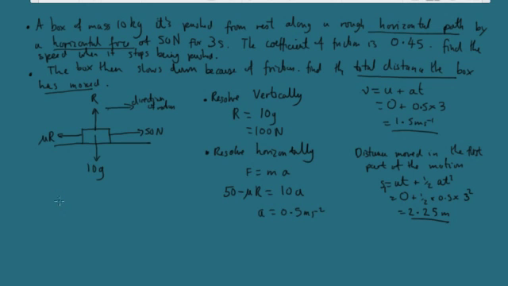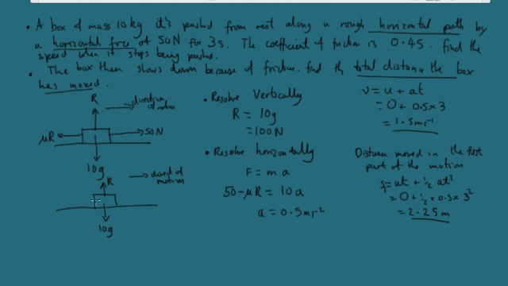Now let's draw a second force diagram for the second part of the motion. So still on our horizontal, we've still got our box here with the mass, the weight coming down here, 10g, and our normal contact force. Now there's no force pushing the box, but the box is still moving, so we've still got this direction of motion.